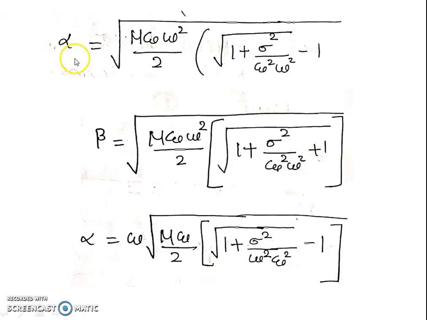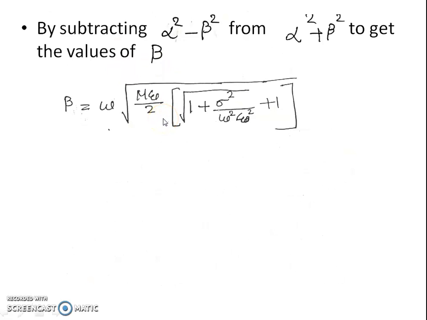We get the value for alpha by adding alpha square plus beta square and alpha square minus beta square, and we get the value for beta when we subtract alpha square minus beta square from alpha square plus beta square.